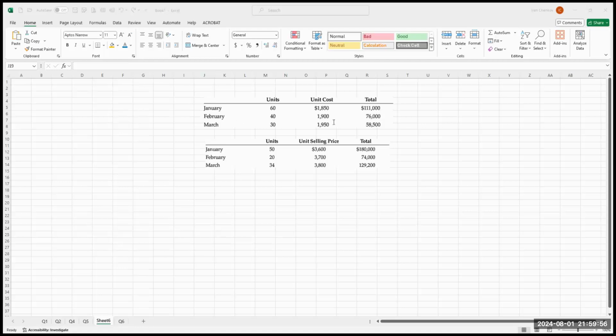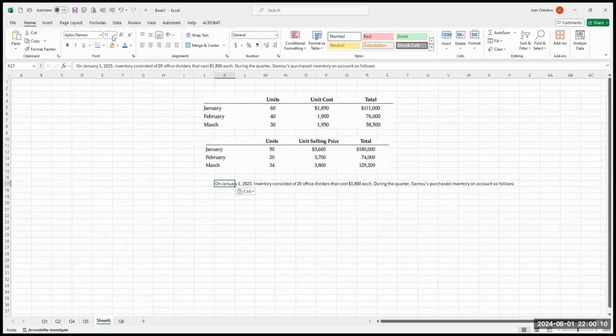And the beginning balance in this case: the company's fiscal year end is March 31st. On January 1st, inventory consisted of 20. I have it here. And that's the information about my beginning balance. Once I have all this information, I can start working.